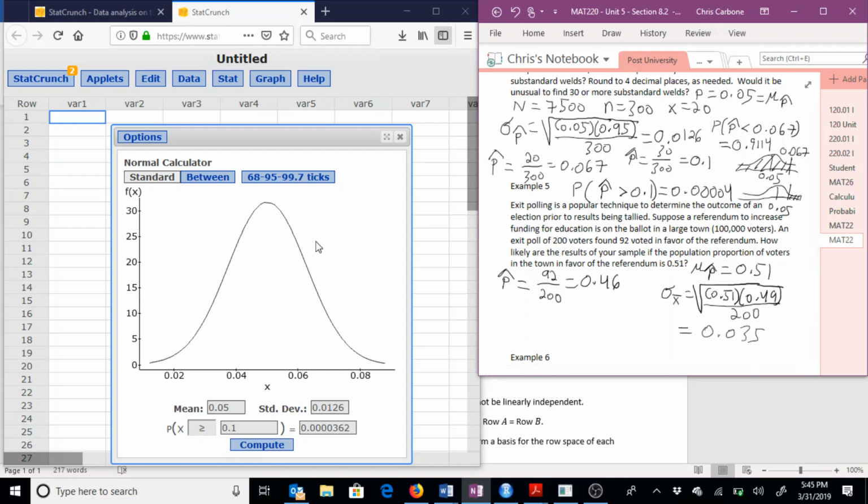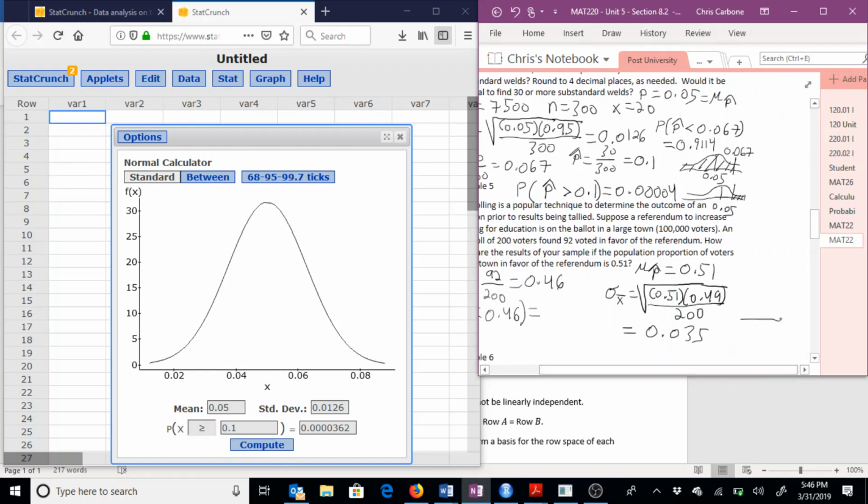So now we want the probability of p hat. Since we want to find how likely that is, due to the fact that p hat is indeed less than 0.51, we want the probability of p hat being less than 0.46. And we could see that in, let me just expand this out to do this picture.